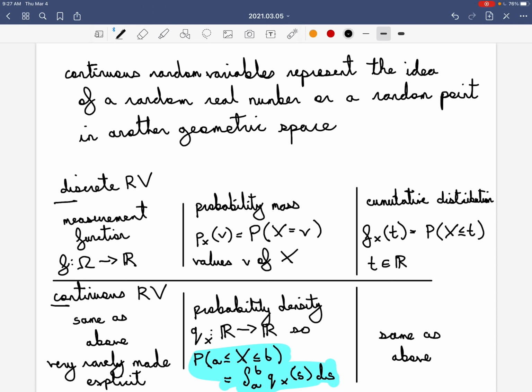Continuous random variables require calculus to analyze, and they're much harder to think of concretely in terms of sample spaces and measurement functions, which work so well for discrete random variables.